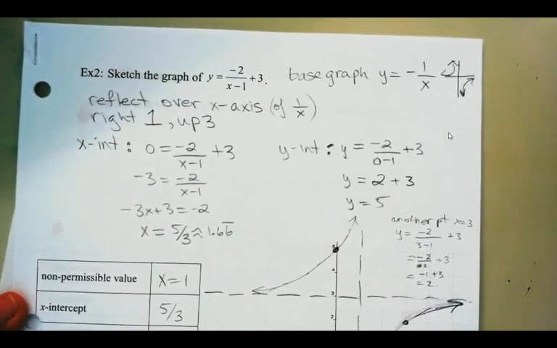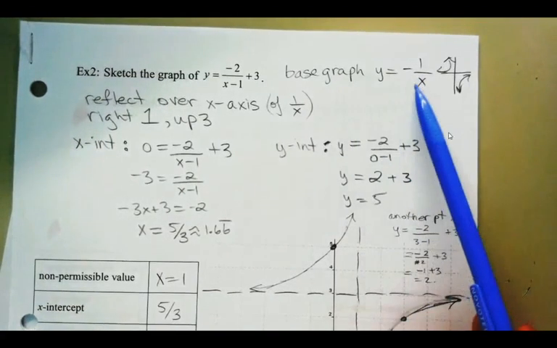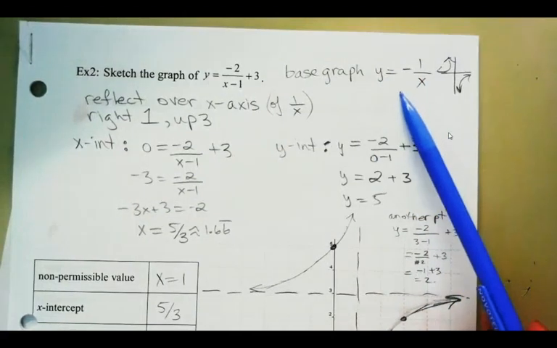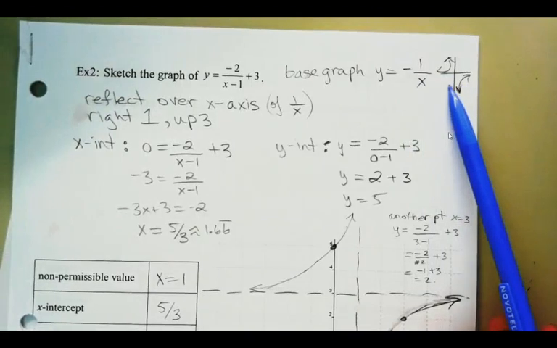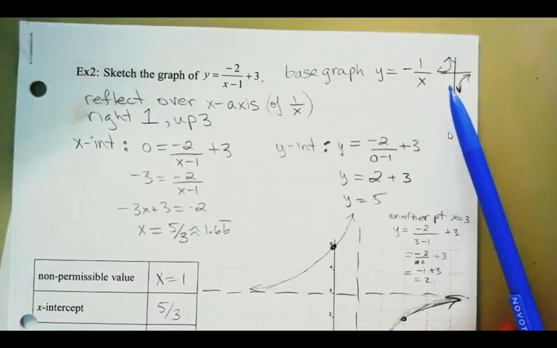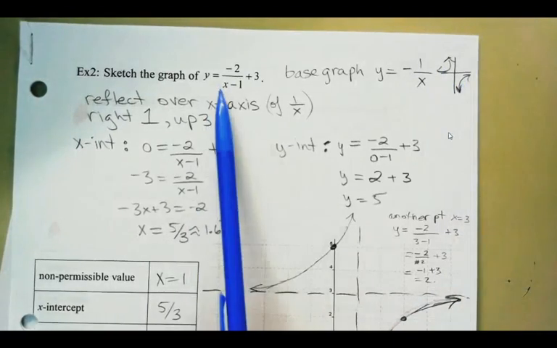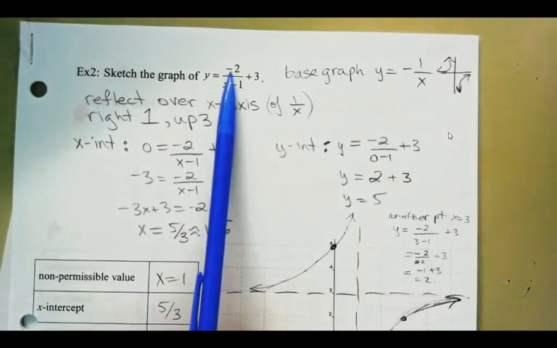The first thing I did was remember the base graph of -1/x. It's going to look like this. I have in the back of my head that the curves are going to be in the 2nd and 4th quadrants. Now I'm looking at my equation, and I've got a -2.